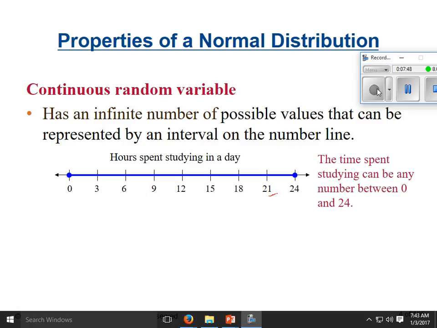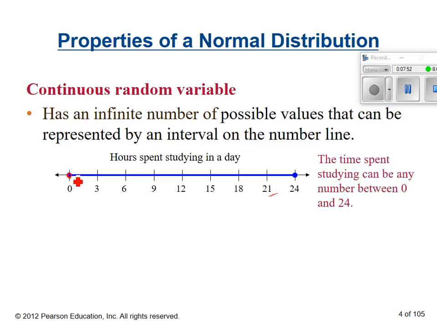So it's continuous. We use this number line that contains all of it, instead of just having the dots on the solid numbers like we were doing with discrete before. So a continuous random variable has an infinite number of possible values that can be represented by an interval on the number line, not just dots on the number line.